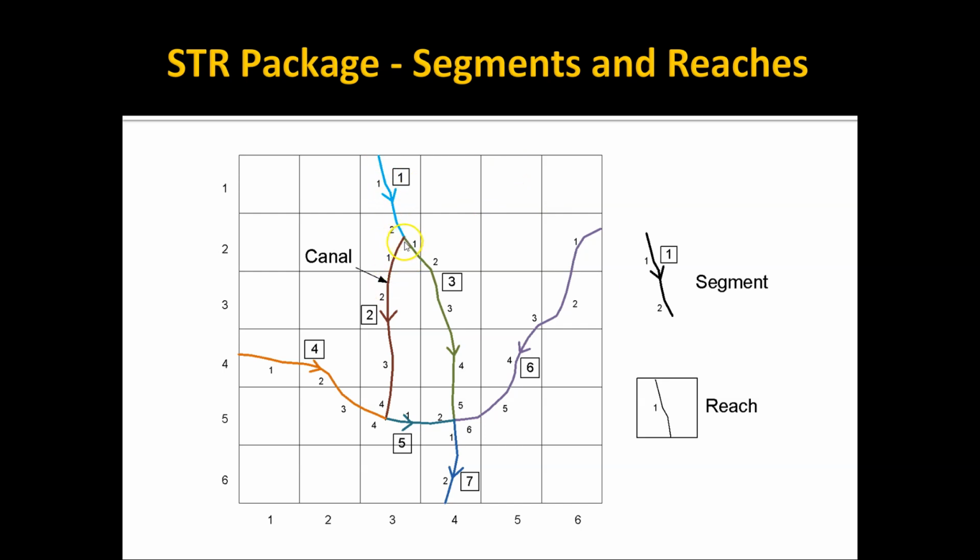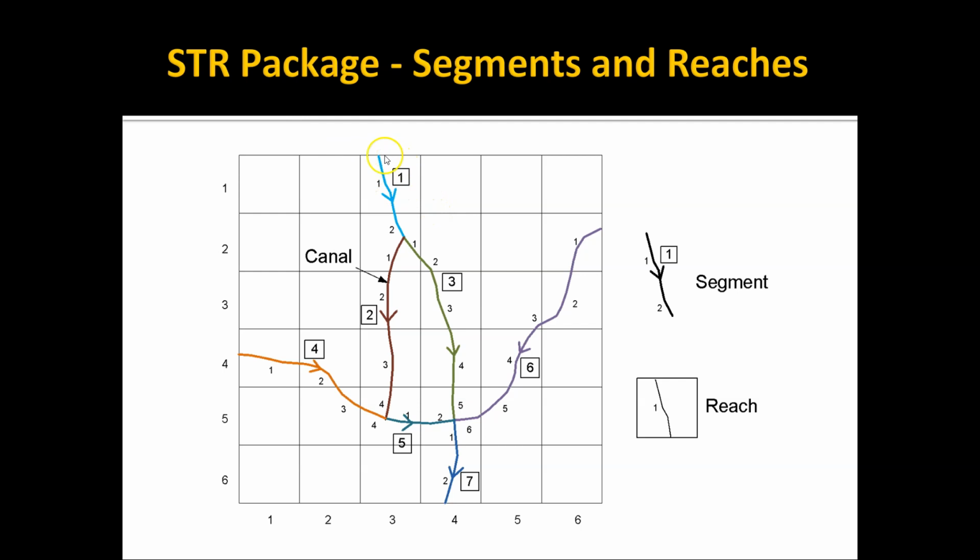Segment number 2, which is a canal diversion between 2 rivers, which you can do, has 1, 2, 3, 4 reaches, ordered from upstream to downstream. Segment number 3 has 1, 2, 3, 4, 5 reaches, and so forth. Based on this ordering, the model knows that as water flows out of segment 1, it goes into segment 2, into segment 3, and so forth.